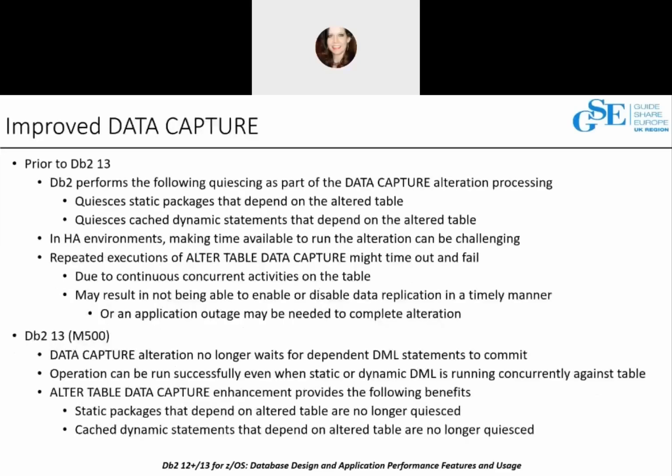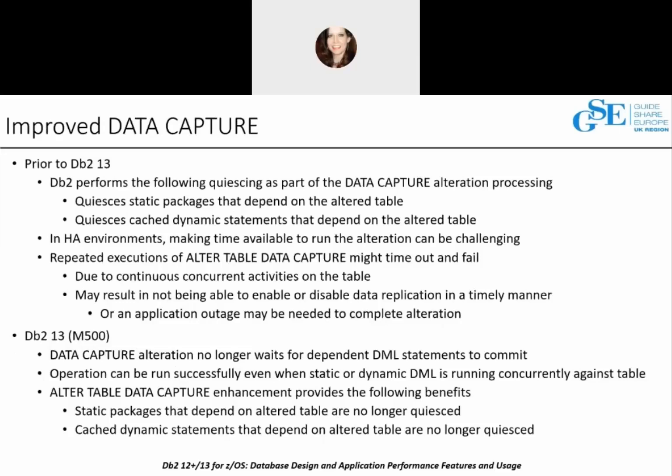Improved data capture. If you are altering data capture to allow for replication, you have to quiesce your static packages and cached dynamic statements, which is not an easy thing to do in a highly available environment.